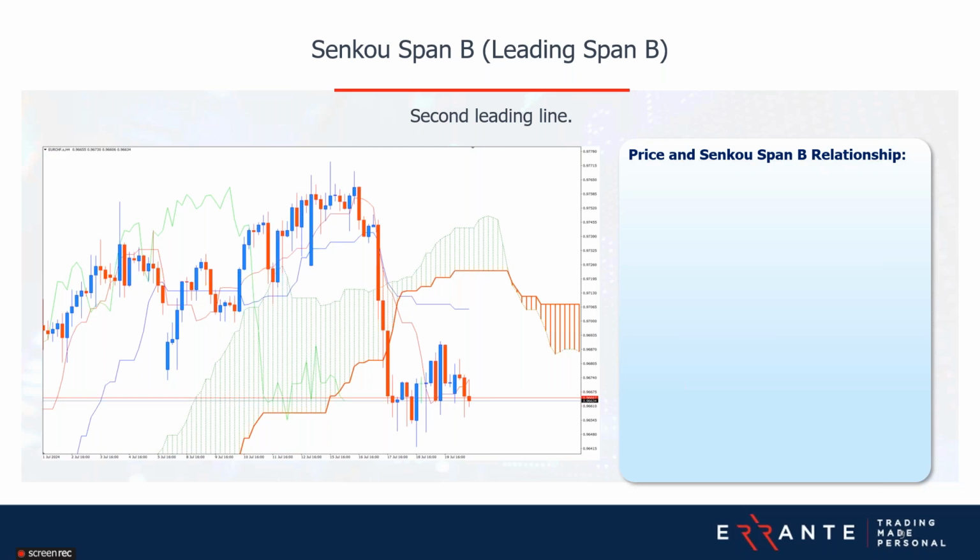Okay, so the formula is very simple. It's the highest price in 52 periods plus the lowest price in 52 periods divided by 2, shifted forward by 26 periods. And this is the important part that can give us the, let's say, predictive value of the Senkou Span B.